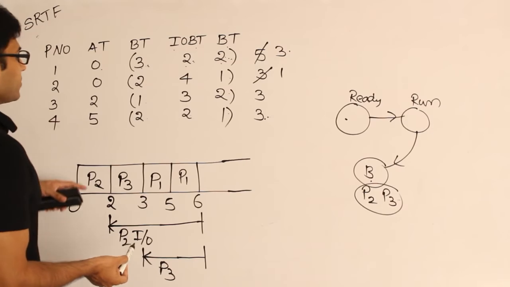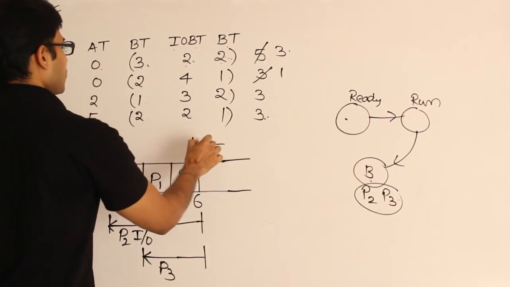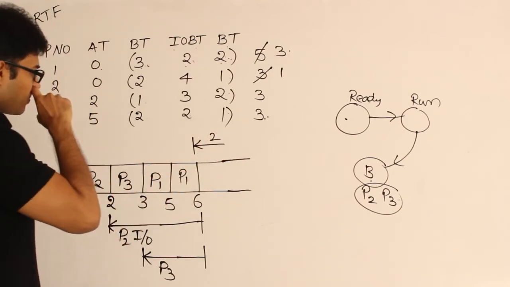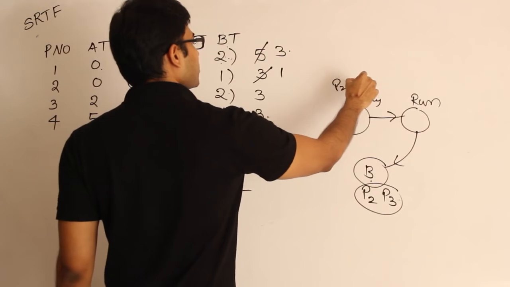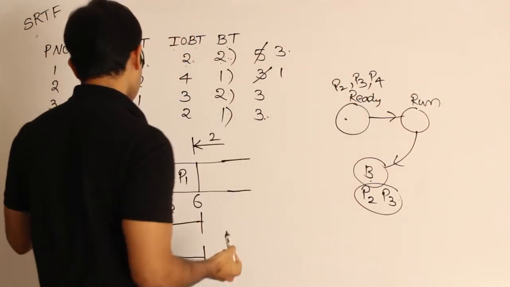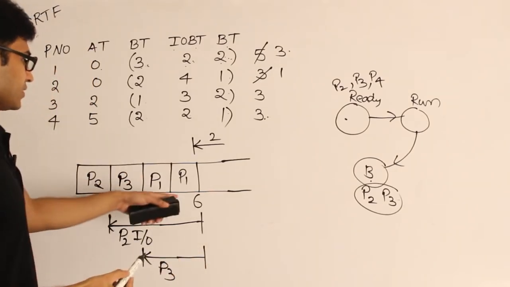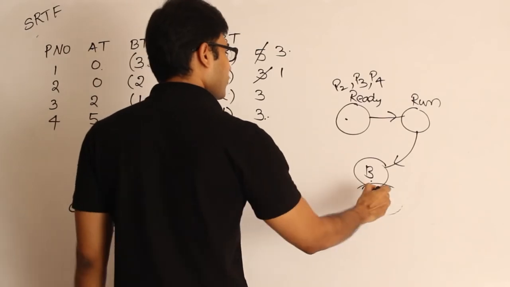But P1 has just gone for IO, and it will require 2 more units, isn't it? So now P1 is not available, but suddenly P2 and P3 are available, and P4 is also available, because time is now 6 units, right? And then P1 is the only one in the blocking state.